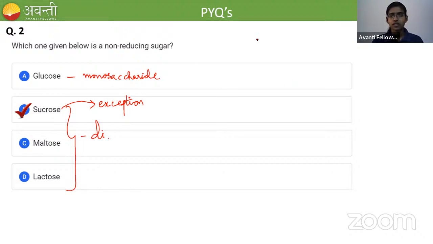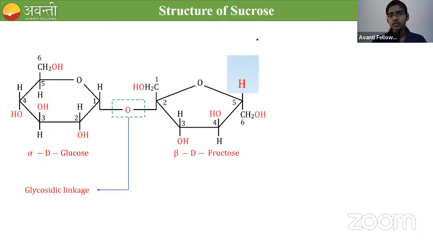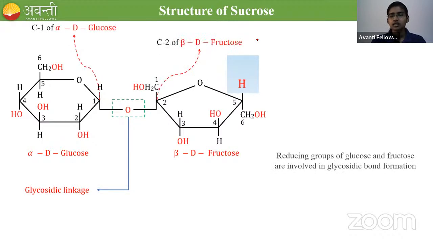I've been discussing the second question, and next I'll go for the third question for today's class. You can see the structure of sucrose. It is made up of alpha D glucose and beta D fructose. There is one glycosidic linkage present there, and it is a non-reducing sugar.